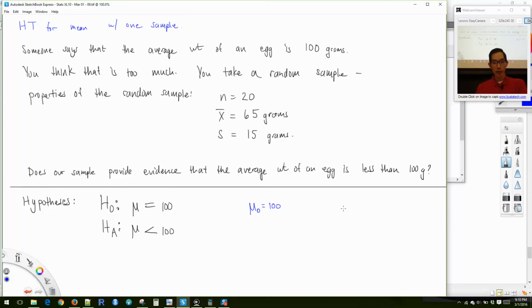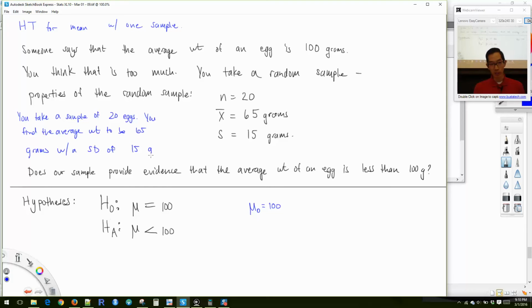We've already labeled our data here. It might be written in paragraph form. Here I've written out n is this, x bar is this, and s is equal to this. But it could also be written out in paragraph form, something like: you take a sample of 20 eggs, you find the average weight to be 65 grams with a standard deviation of 15 grams.